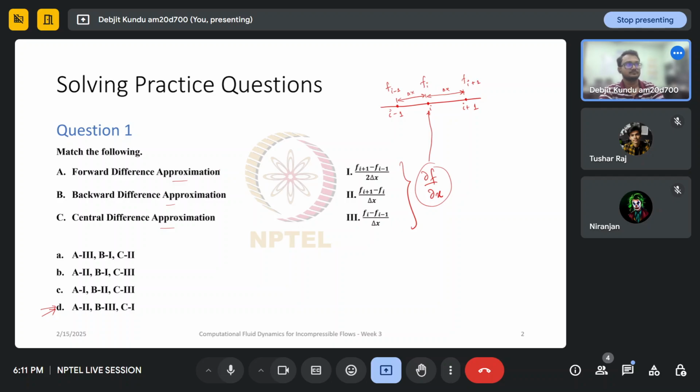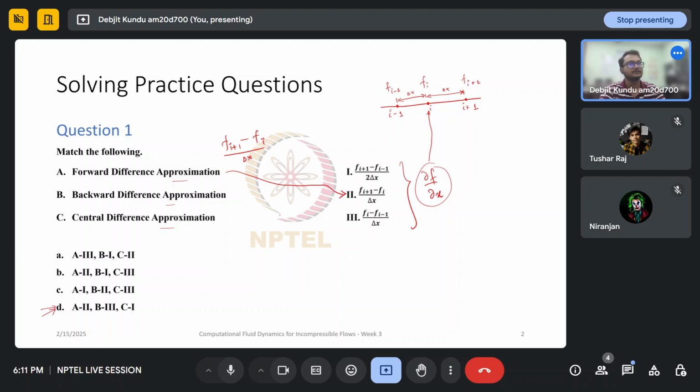So in forward difference approximation for dou f dou x, we have to consider f of I plus 1 and f of I. We take the difference between them and simply divide by delta x. That's the forward difference approximation. So A matches with 2.